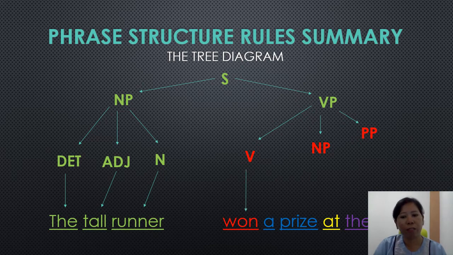Now let's elaborate further the noun phrase under the verb phrase. The noun phrase has a determiner and a noun, and the determiner is a, and the noun is prize. Now for the prepositional phrase, which contains a preposition and a noun phrase, at is the preposition and the noun phrase contains the determiner and the noun. The determiner is the, and the noun is race.